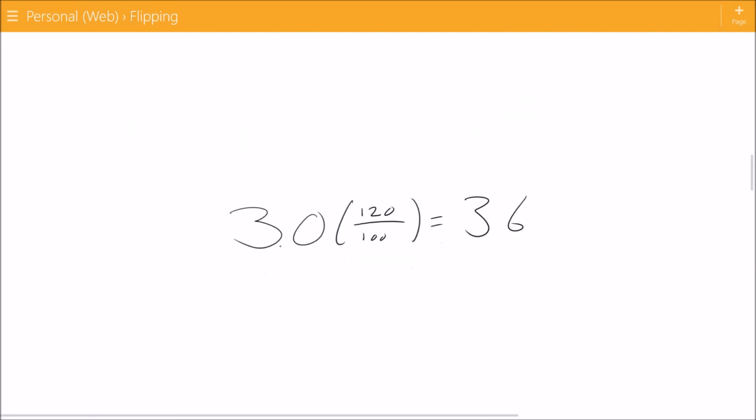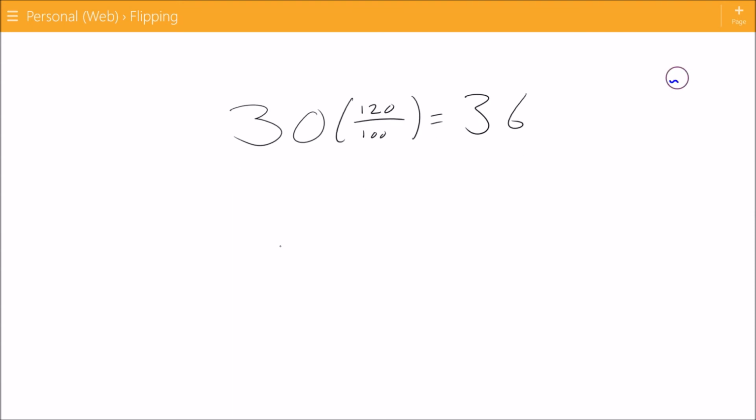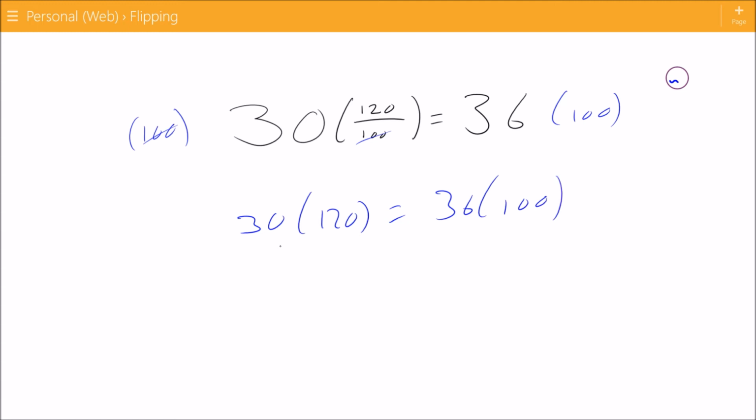And here's a little bit more as to why. If we go back to our original equation there of 30 times 120 over 100 equals 36, we can work this backwards and solve it, treat it basically as an algebraic equation, which, hey, would be a swell idea, wouldn't it? To balance this out, I can multiply 100 on both sides. Those would cancel there, so I'm left with 30 times 120 is equal to 36 times 100.